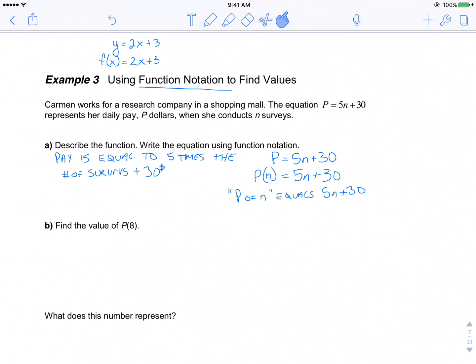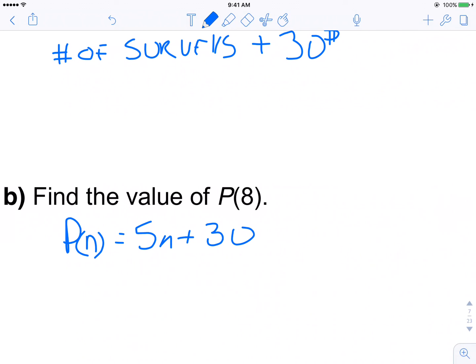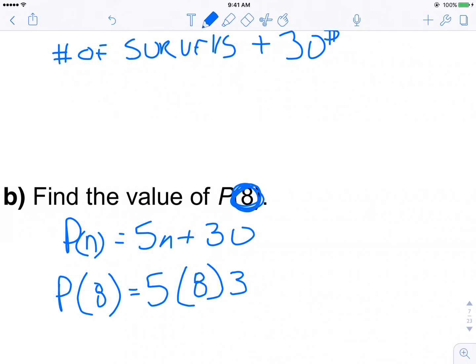Question B, find the value of P(8). Well, I know that my function notation equation, P(n), is equal to 5n plus 30, but now I want P of 8, so I just change the n to an 8. But because I changed the n to an 8 on one side of the equal sign, I have to change the n to an 8 on the other side of the equal sign.